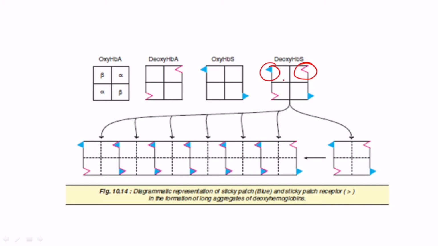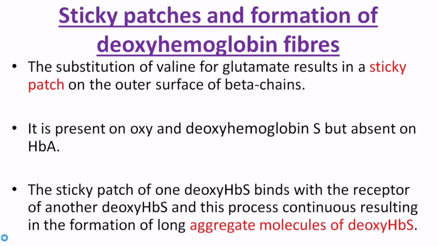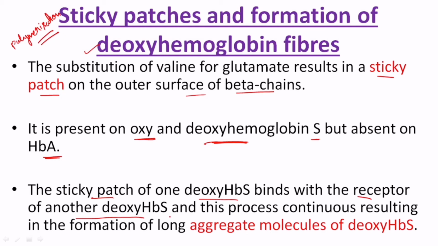So this sticky patch and sticky patch receptor are basically responsible for the formation of the polymer, or the aggregation of the deoxyhemoglobin S. It is written over here that the sticky patch of one deoxyhemoglobin S binds with the sticky patch receptor of another deoxyhemoglobin S, and this process continues, resulting in the formation of long aggregate molecules of deoxyhemoglobin S.